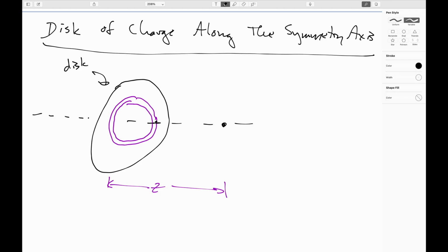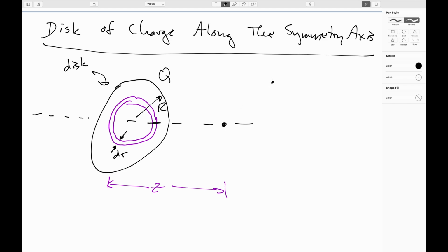So if I make these rings of differential thickness, then that is the case we were just looking at, in the limit of it being differentially thick. So again, we'll say that the radius of this is big R. We'll say it holds charge Q.